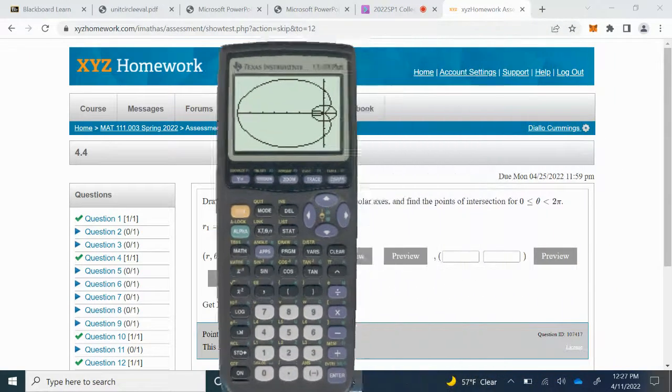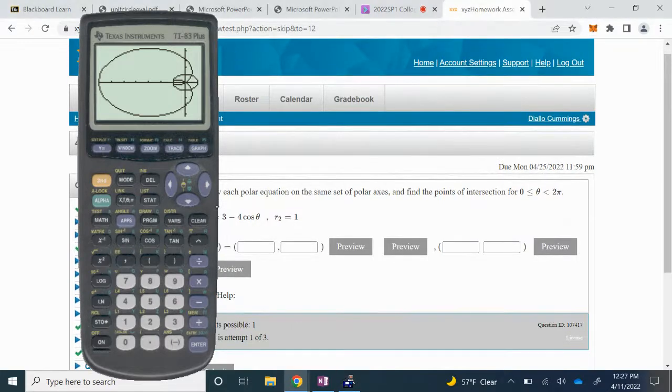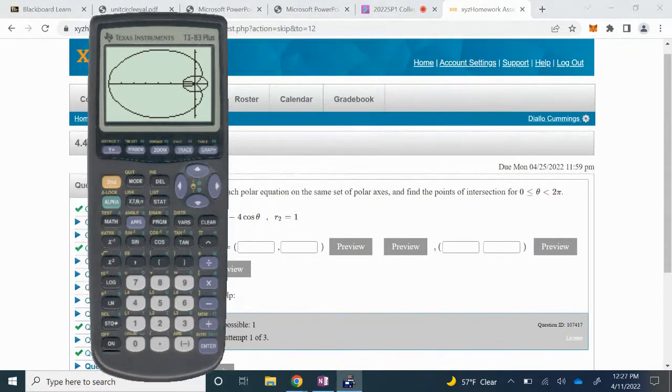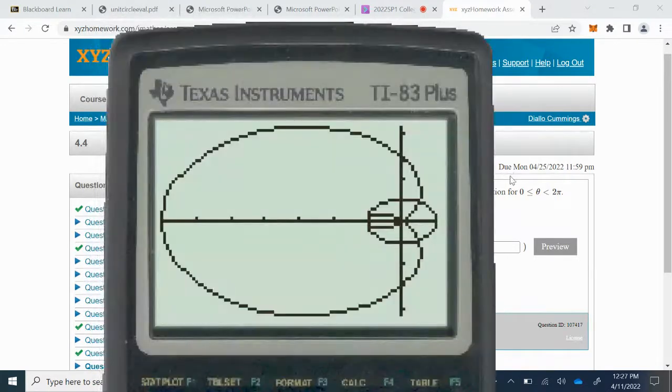And we're looking for the intersection points from 0 to 2 pi. And I wish I could actually blow my calculator up. Let me see if I could do that.